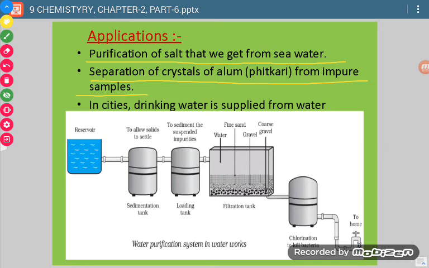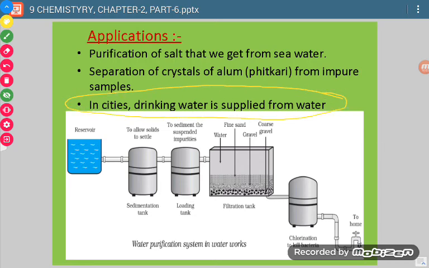crystallization. Another very important use is that in cities, drinking water is supplied from whatever the source is, and the process of crystallization is used there, which separates the impurities from water and makes it pure.